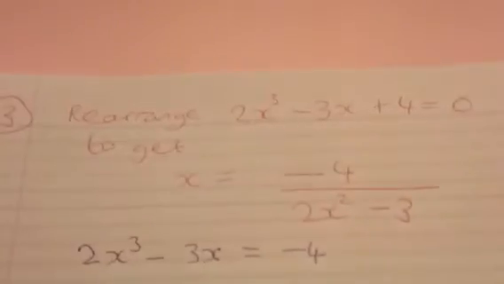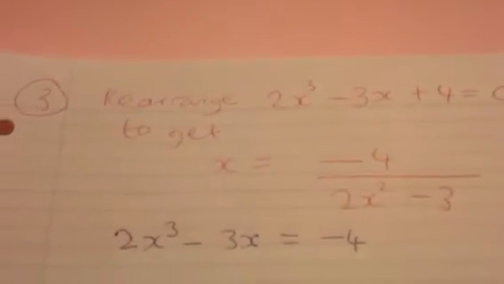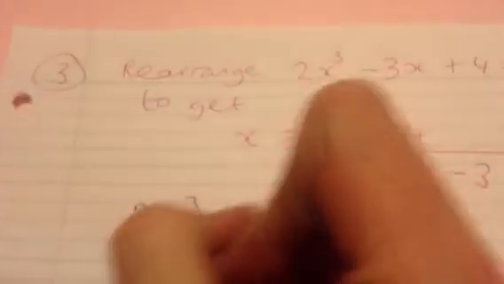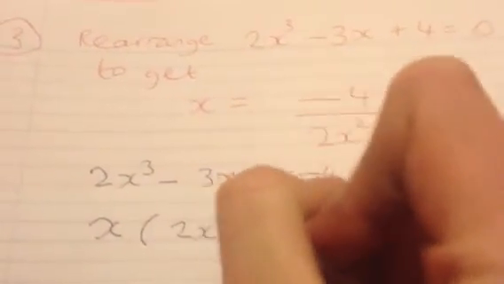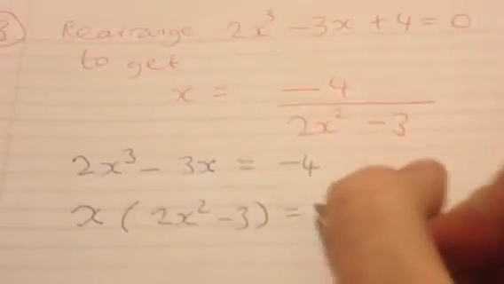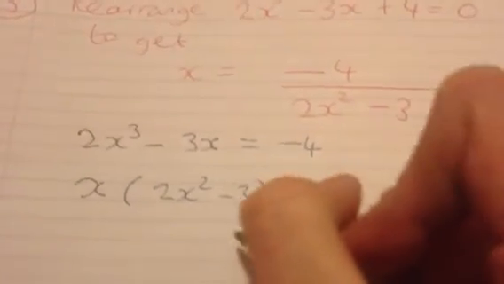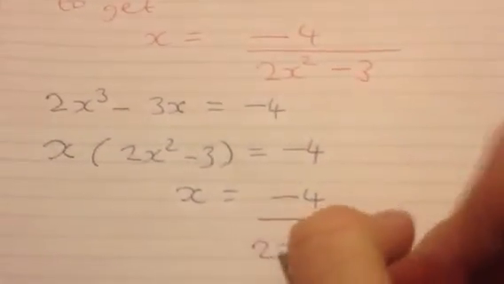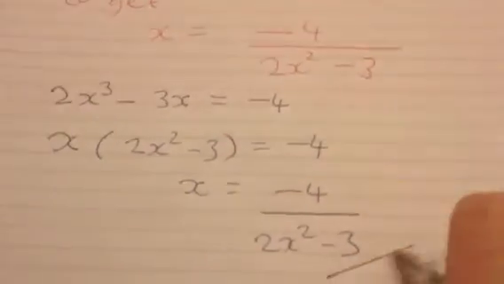Now in the answer I've got 2x squared minus 3 rather than 2x cubed minus 3x, so I'm going to factorise. Seems a bit radical, but let's go with it. So x(2x squared minus 3) equals minus 4. Ooh, look what's happened. Exciting times. x equals minus 4 over 2x squared minus 3.